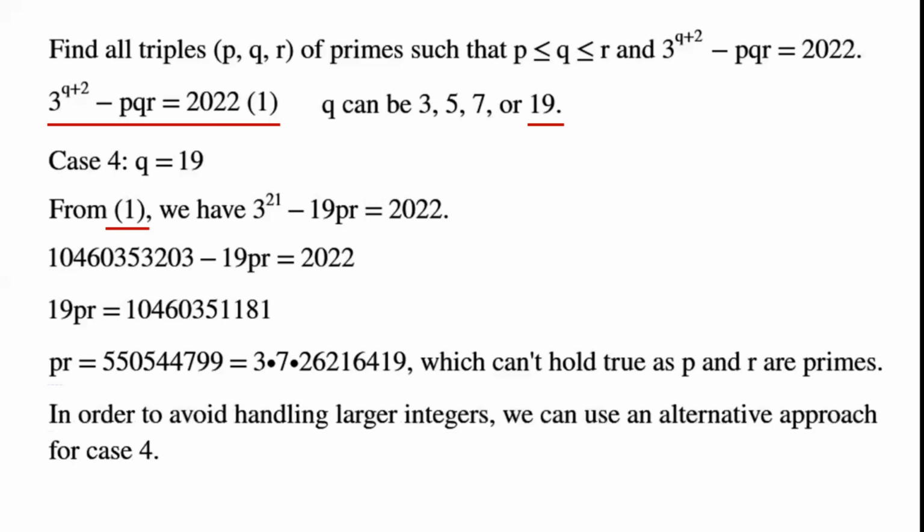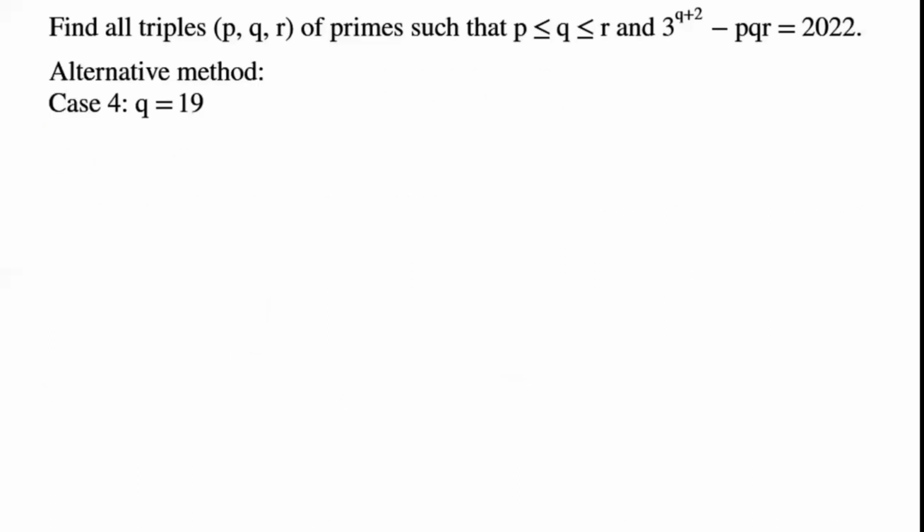In order to avoid handling larger integers, we can use an alternative approach for case 4. Q equals 19. 19PR equals 3 to the power of 21 minus 2022.